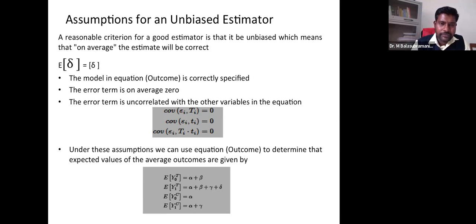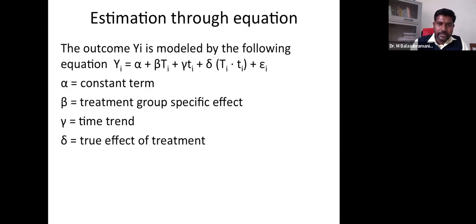Correctly specified means the additive structure of each individual component must be exposed. That is the first one. Of course, in the equation we have seen, the additive structure is exposed clearly.